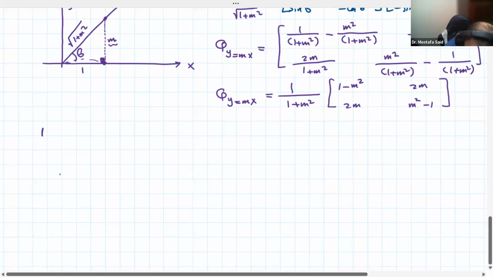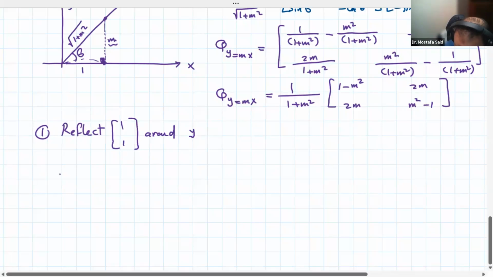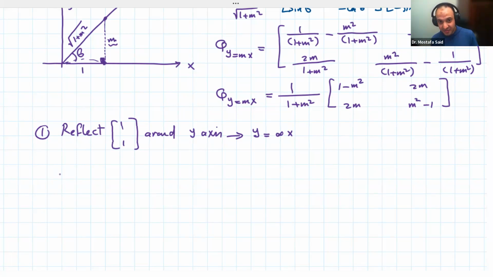So number one, reflect about the y-axis, y equal to infinite x, because the angle between the line and the x-axis is 90, and tan 90 is infinity.